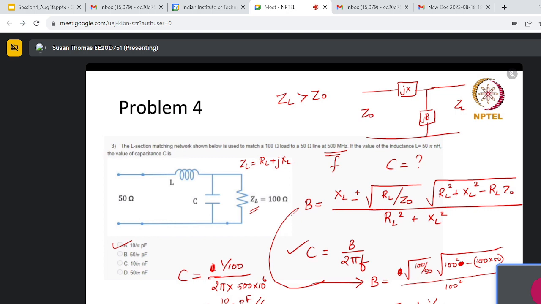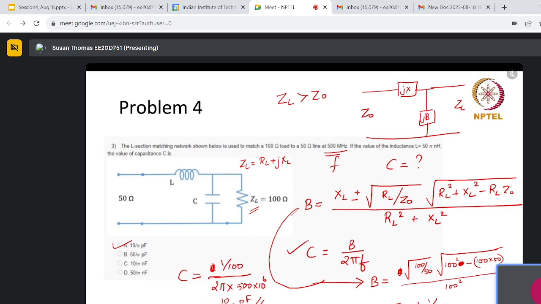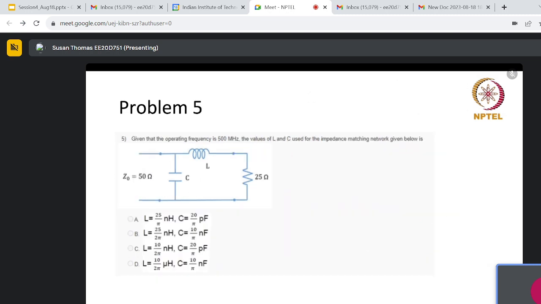So let's move to the next question. If there are any doubts, please ask. I think it's very clear. Okay, so let's see how we do this one. This is a slightly different question. If you notice, here you have your RL less than Z0, or ZL less than Z0.